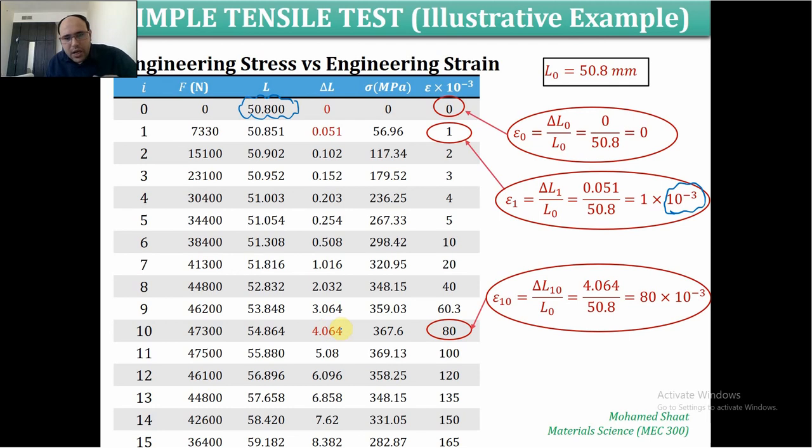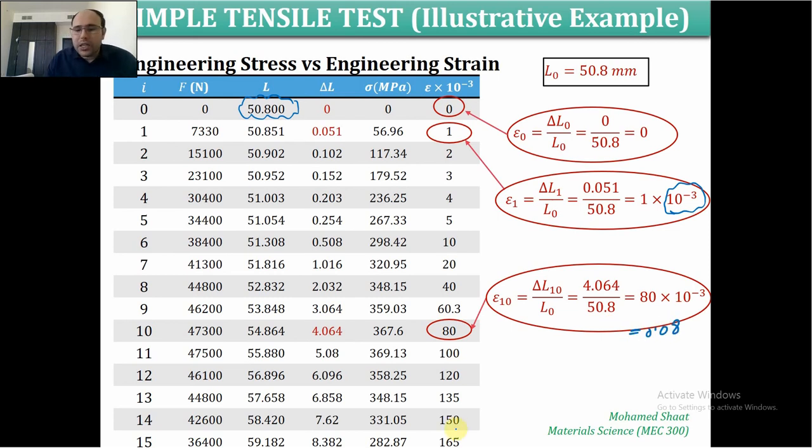If you divide the delta L at this instant of time, which is 4.064, over the original length, which is 50.8, this is going to give us 80 times 10 to the power negative 3. Then since I'm considering the 10 to the power negative 3 as a common factor, I'm just going to plug here 80. It means that at this instant of time, the strain will be 80 times 10 to the power negative 3, which is equivalent to 0.08 as a strain.